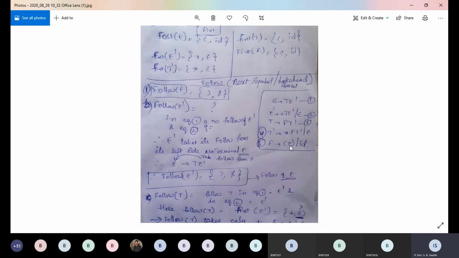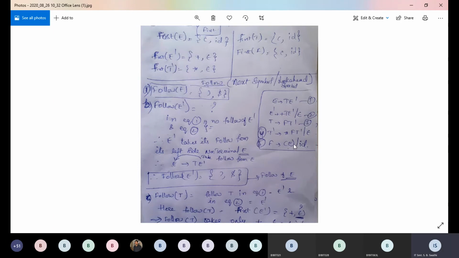Next terminal or non-terminal, what is present after E? We have a close bracket. Is this clear? Follow of any non-terminal can be either a terminal or a non-terminal. So for this capital E, we have a terminal here, the close bracket. So this is the follow of E here.